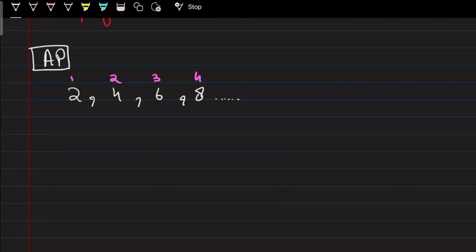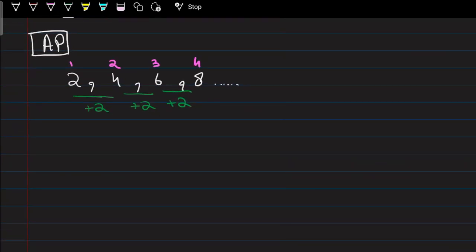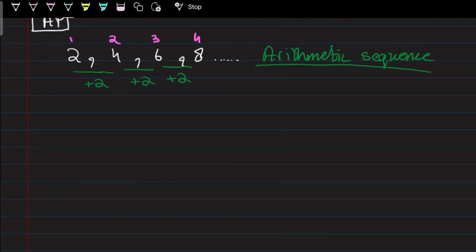We can see here that the difference between 2 and 4 is positive 2. The difference between 4 and 6 is again positive 2. The difference between 6 and 8 is again positive 2. So we can safely say that this is an arithmetic sequence for sure.